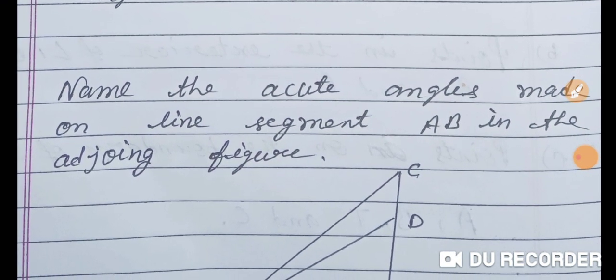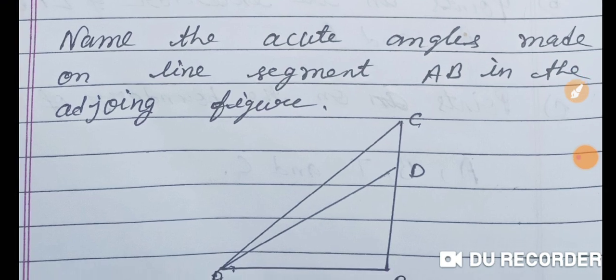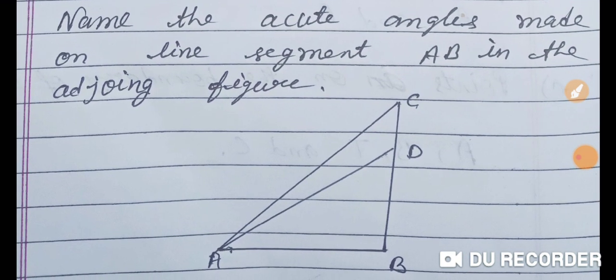Now next question, name the acute angle made on the line segment AB in the adjoining figure. You have to tell about the acute angle made on the line segment AB in the adjoining figure.